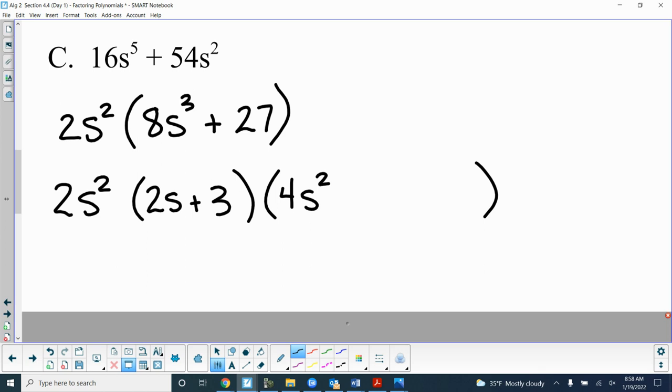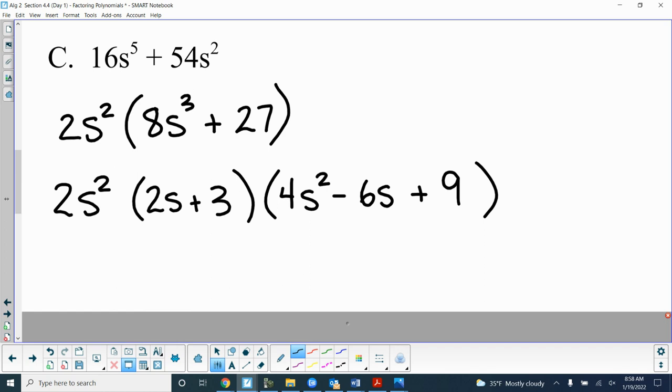Not 5s. Don't add them, multiply them. Is it plus or minus? Opposite of that sign. What's the last term? 9. Plus or minus? Always plus.